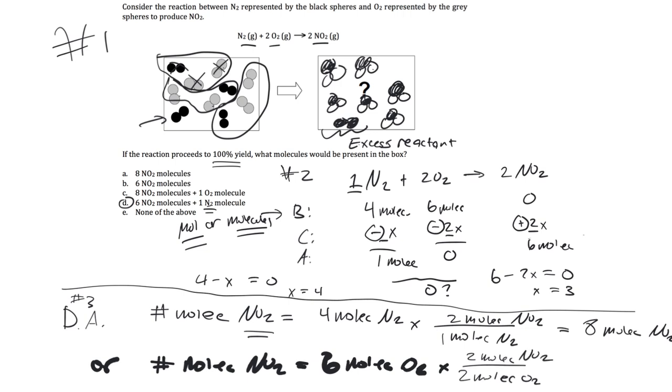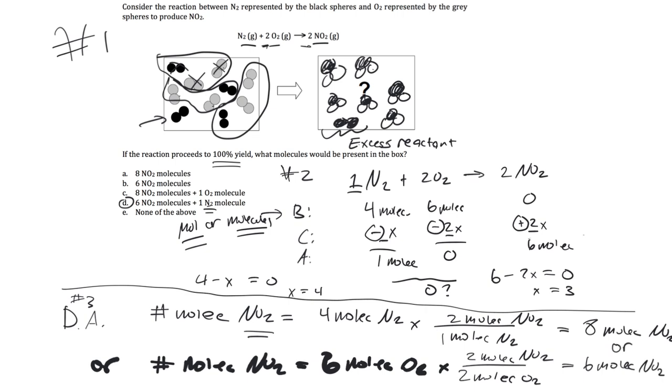So I'm just looking at the ratio here for 2 to 2 in the balanced equation. It says for every 2 O2 that react, we produce 2 molecules of NO2. So that would be 6 molecules of NO2.